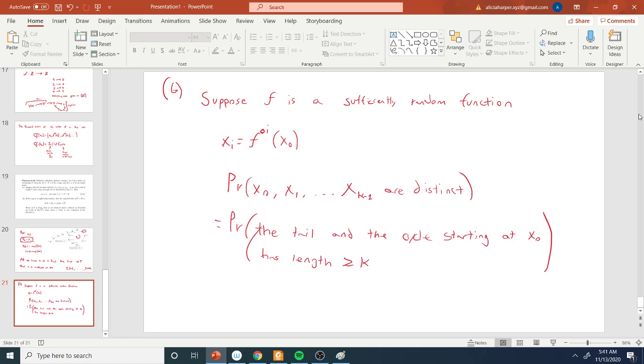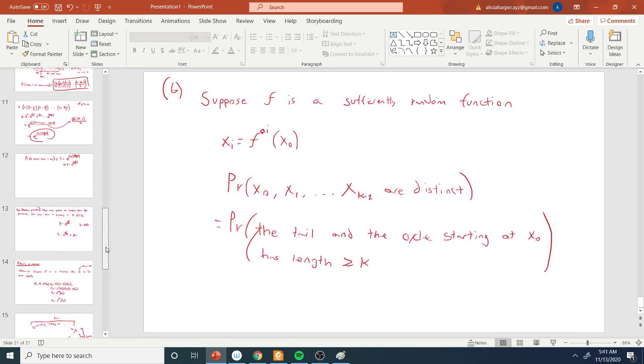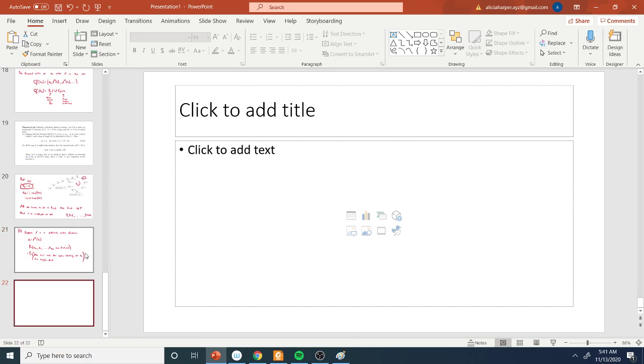So I'm going to start by analyzing this probability. And the way I'm going to analyze it is precisely by appealing to the birthday paradox, or actually the more general collision theorem.